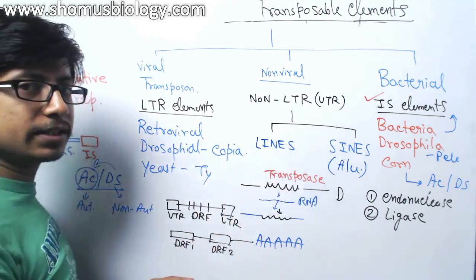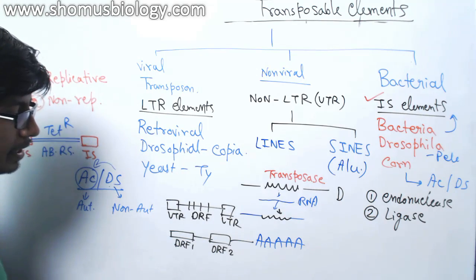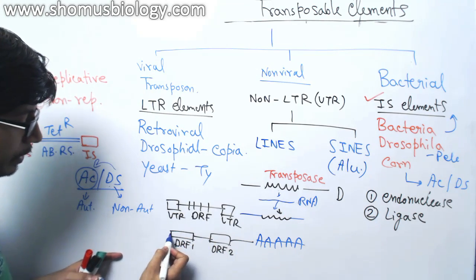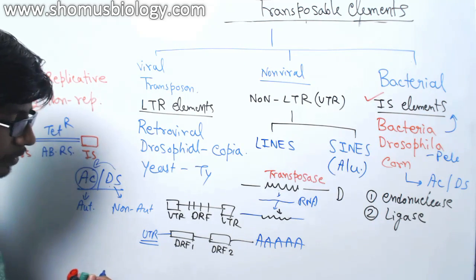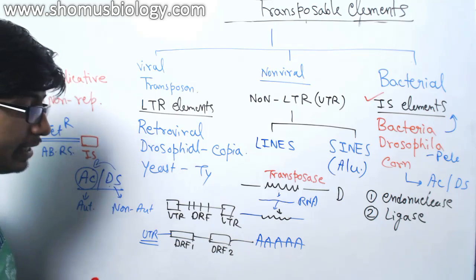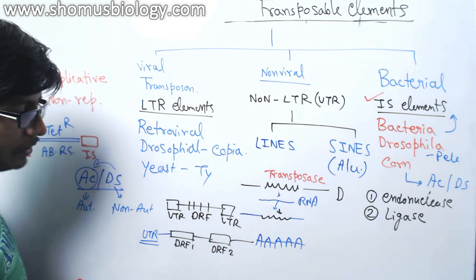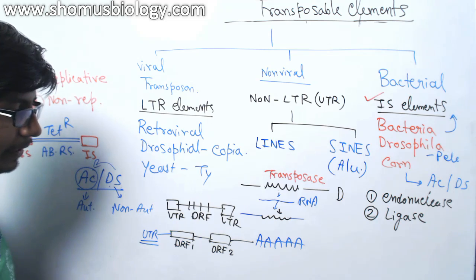All these LINEs and SINEs have poly-A tails at the end. Whether the UTR is present or not, they have a poly-A tail at the end. So this is the typical characteristic of this eukaryotic processing of the RNA.